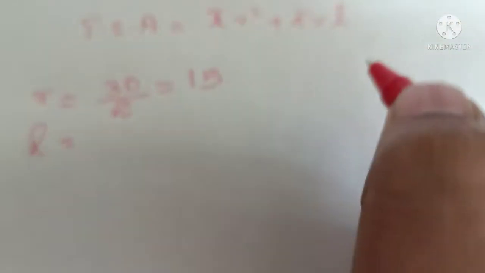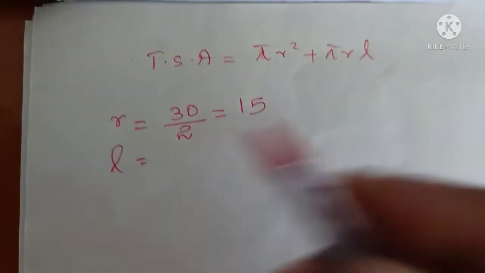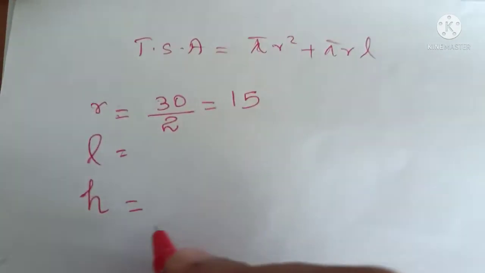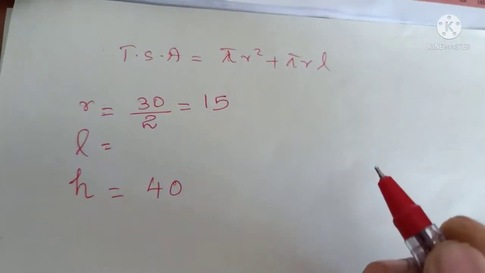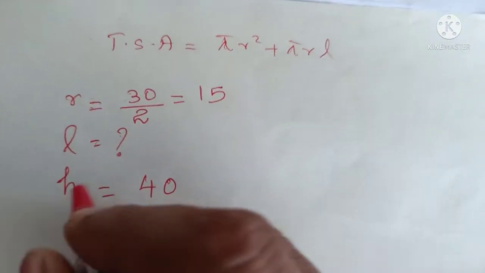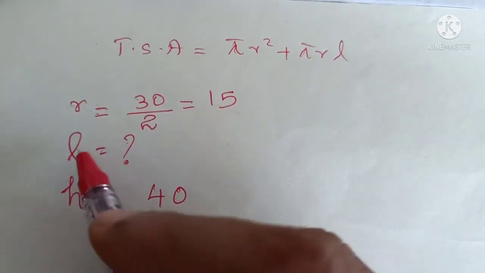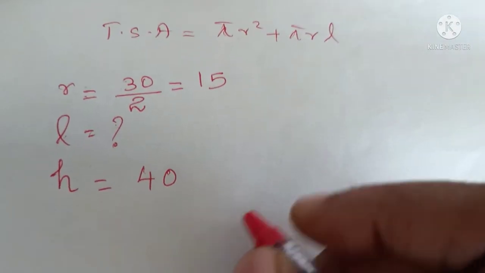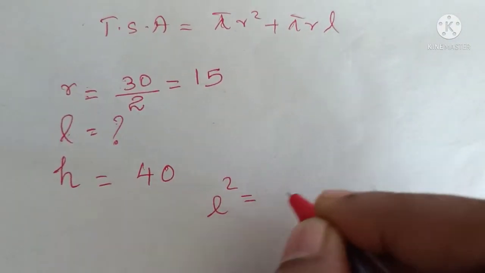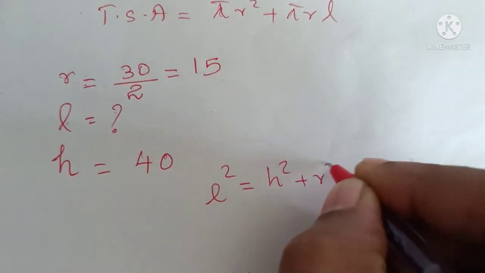And what is its height? Height of the cone is given here, that is equal to 40. But we need the slant height, so how do we find this l first? What is the relation between r, l, h? l square is equal to h square plus r square.